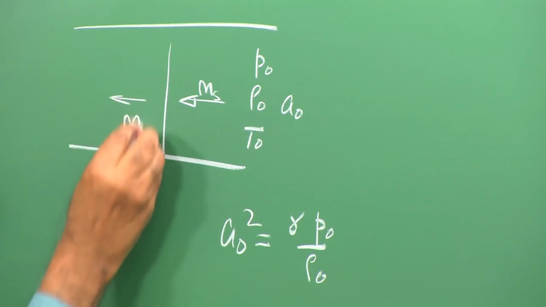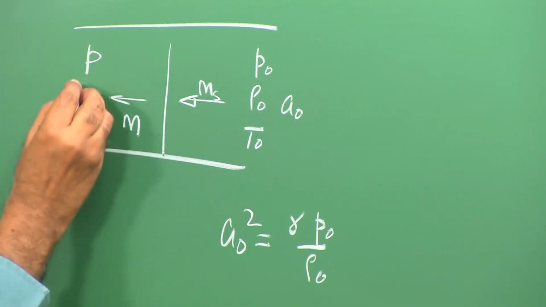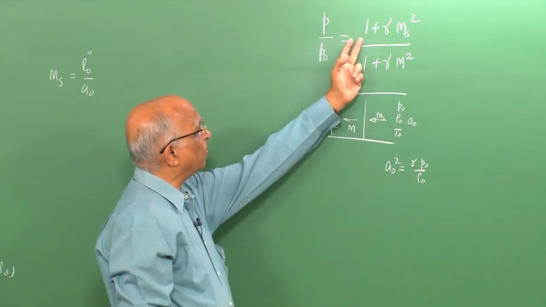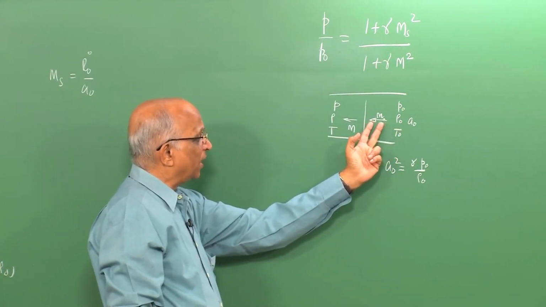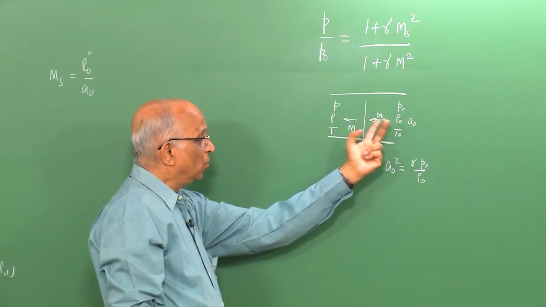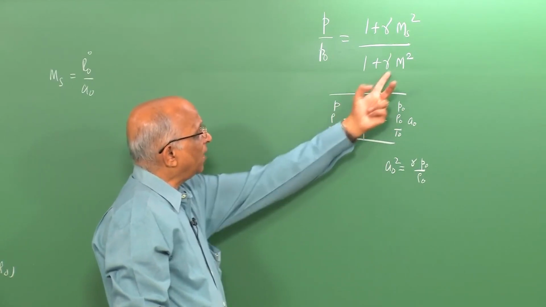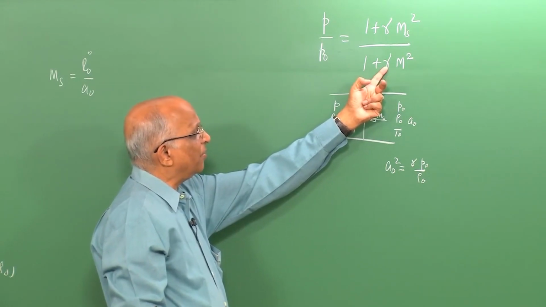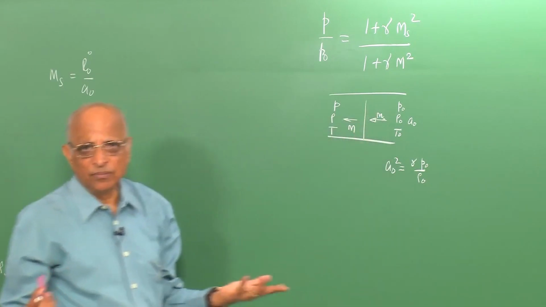Behind it, it moves away from the shock at Mach number m over here. The pressure is P, the density is rho, the temperature is T over here. Therefore, we found P by P 0 is given by 1 plus gamma Ms squared over 1 plus gamma m squared, where these are the Mach numbers of the gases moving in the frame of reference of the shock, towards the shock at Mach number Ms, and leaving the shock at a value of m. Well, gamma we considered to be the specific heat ratio, and being a perfect gas, we assumed that gamma here and gamma here are the same.